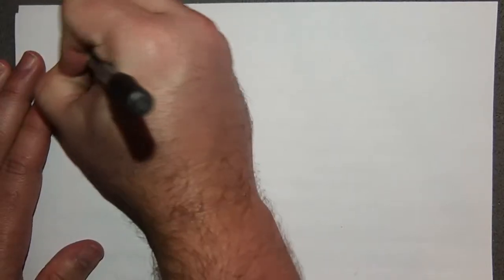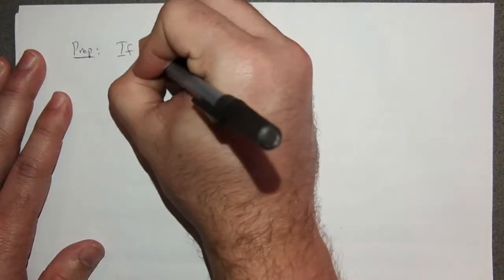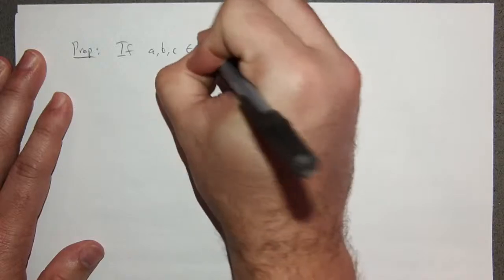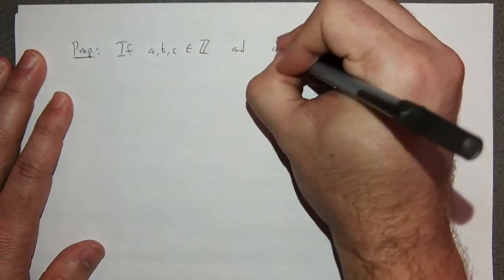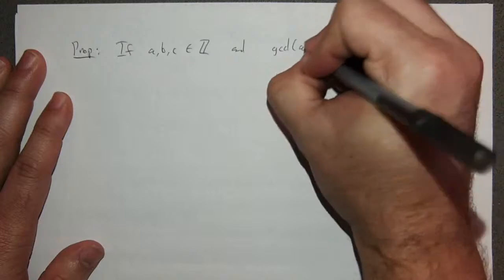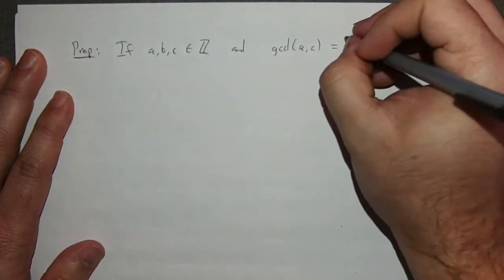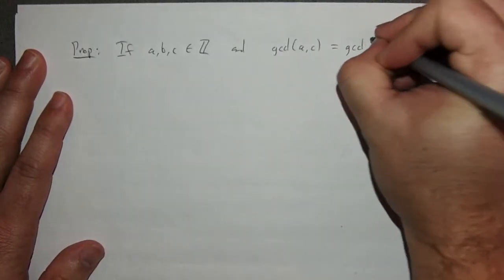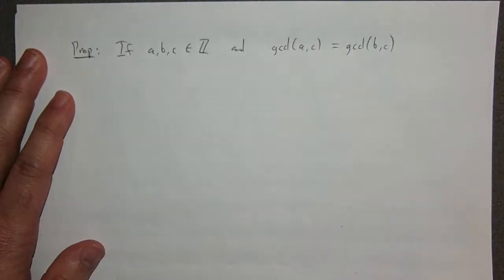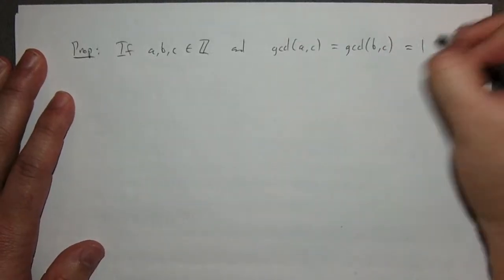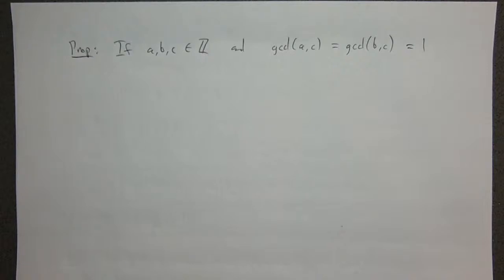Next, here's a nice proposition that relates some of these things we're saying. So if A, B, and C are all integers, and the GCD of A and C is the same as the GCD of B and C, and those are pairwise relatively prime.